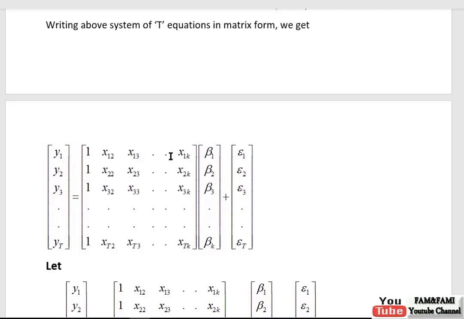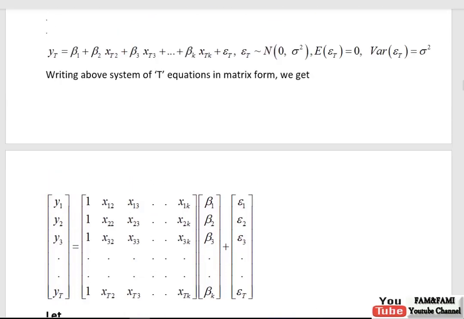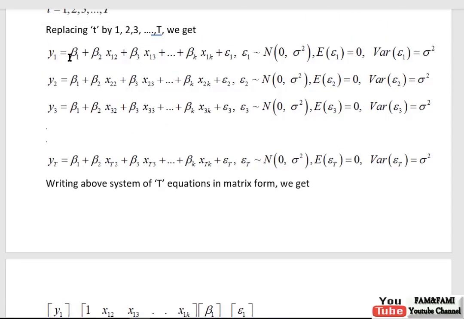So 1 with beta 1, you get beta 1 plus x12 with beta 2, beta 2 x12, then x13 with beta 3, beta 3 x13 and so on, x1k with beta k, x1k. So this is exactly this expression, beta 1, beta 2 x12, beta 3 x13 and so on, beta k x1k.